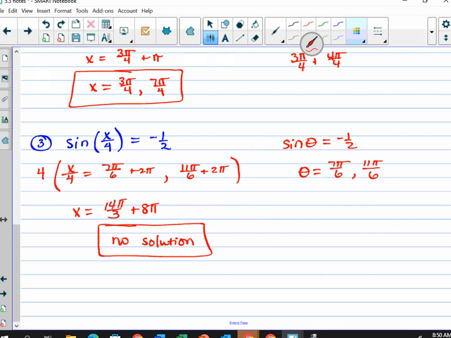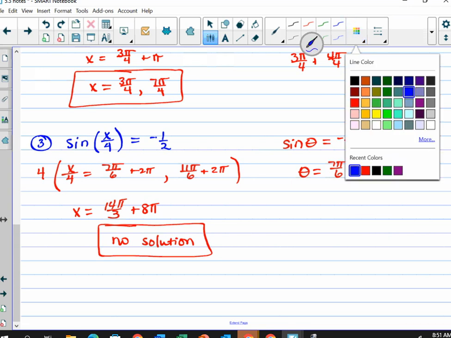I know it's going to be too big, right? Anything bigger than 12 pi over 6 is too big. Or even equal to, because you have the or bigger.